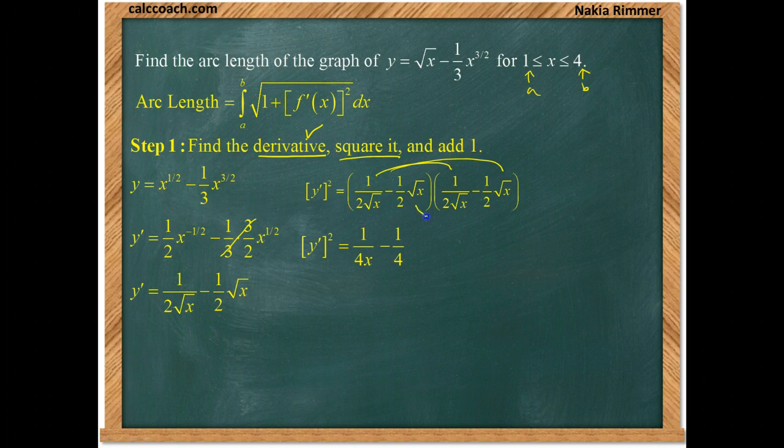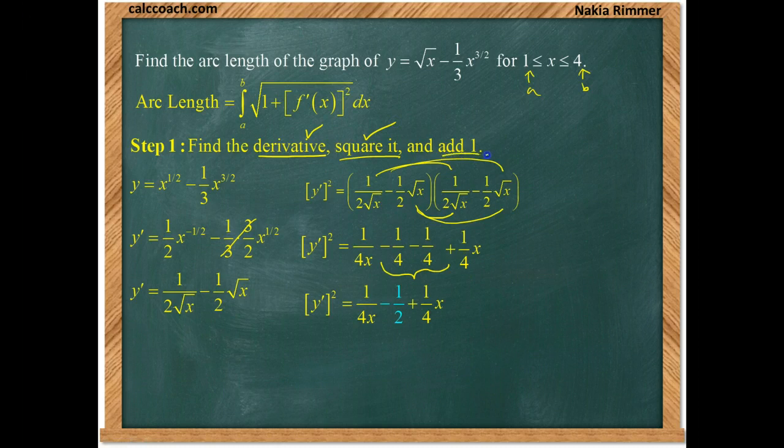The same thing is going to happen for the inner terms, negative a fourth. And then for the last terms, the root x and root x give you x. Negative a fourth and negative a fourth multiplied give you a positive 1/4. The outer and the inner should combine. This time they're going to give you a negative a half. We have squared the derivative.